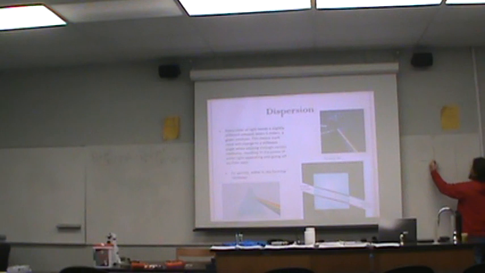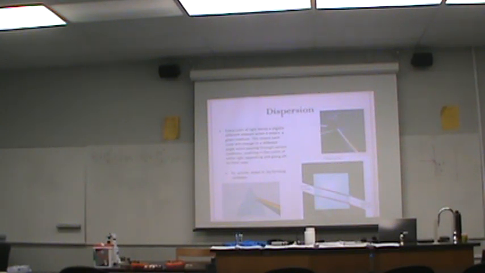And let's say that the red light is going to bend and bounce away at 30 degrees, but the violet light will bounce at 31 degrees. It's a very slight difference, one that you probably would not notice if you were looking at it very closely, or if it was a very small prism.